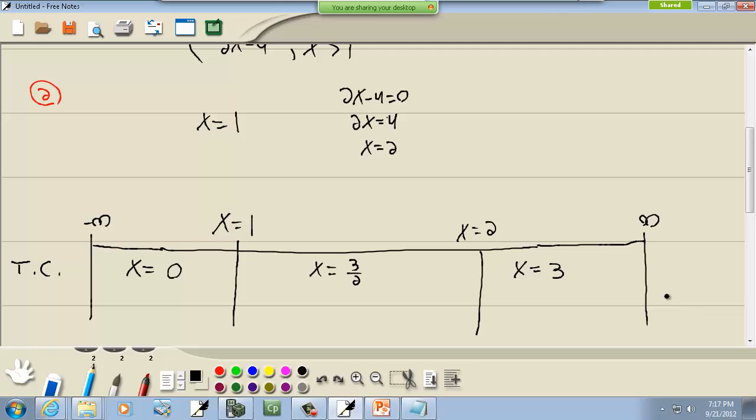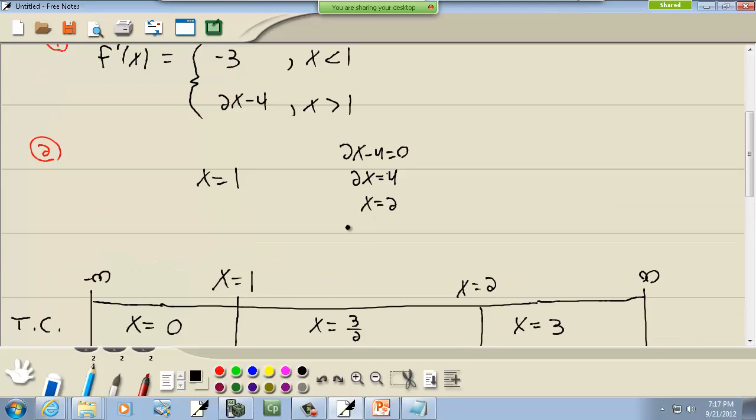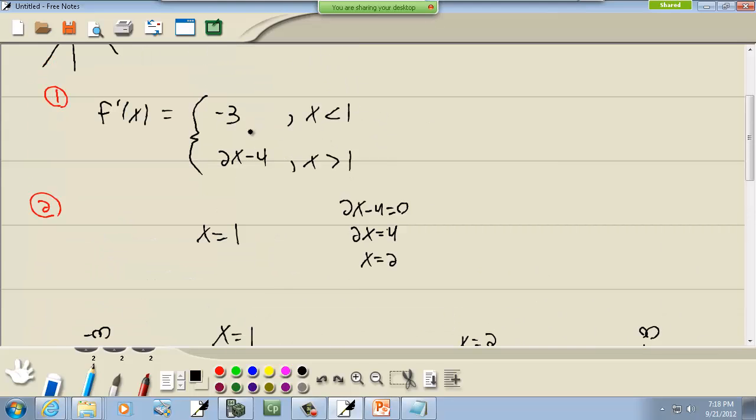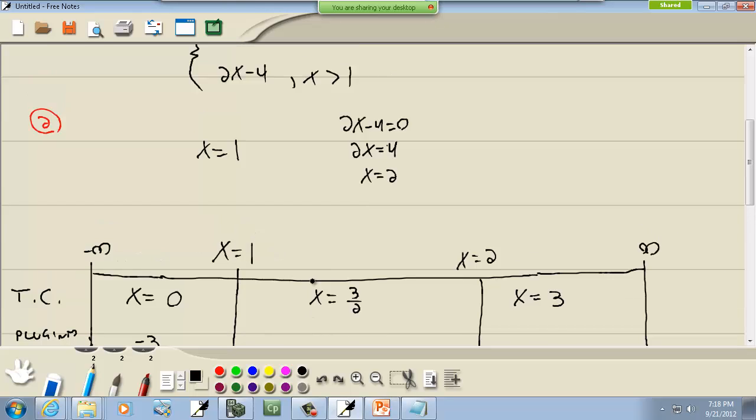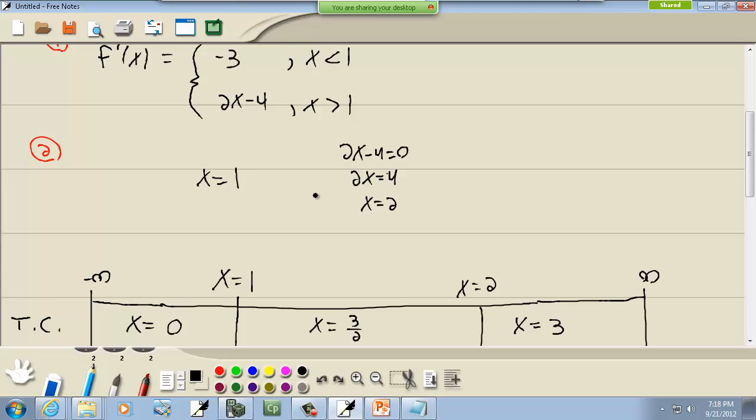Now we want to plug them into our derivative, but here's a little bit of tricky part. When x is less than 1, our derivative looks like this. So we're going to plug into negative 3. So plug into the derivative. And then from 1 on, it looks like 2x minus 4.